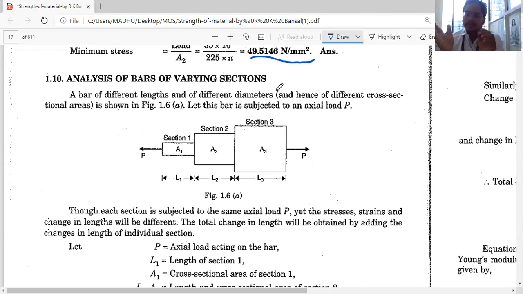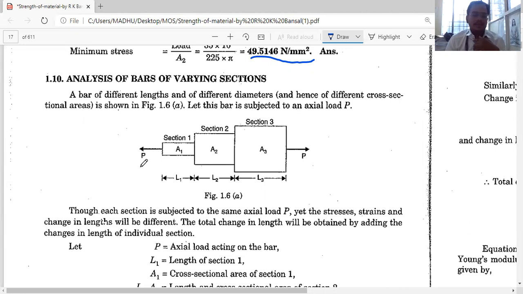It is machined so that for different lengths you have different cross-sectional areas. Different sections have different cross-sectional areas, like area one for section one, area two, area three, all different values. In that case, how the analysis will be done, we will clearly explain by solving some problems.